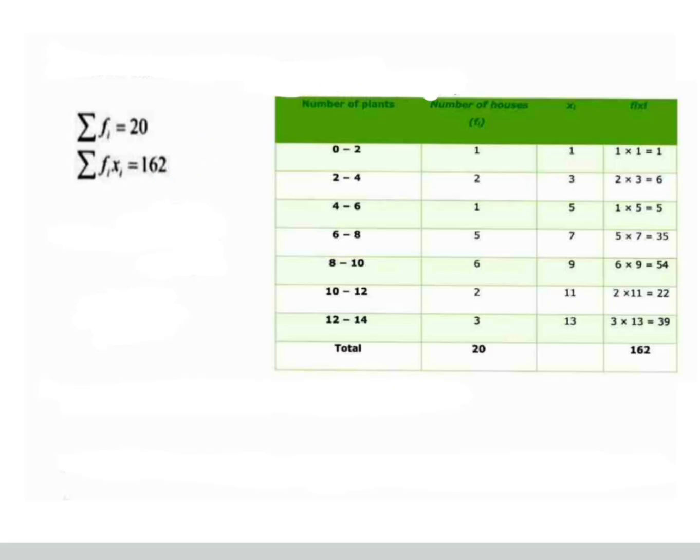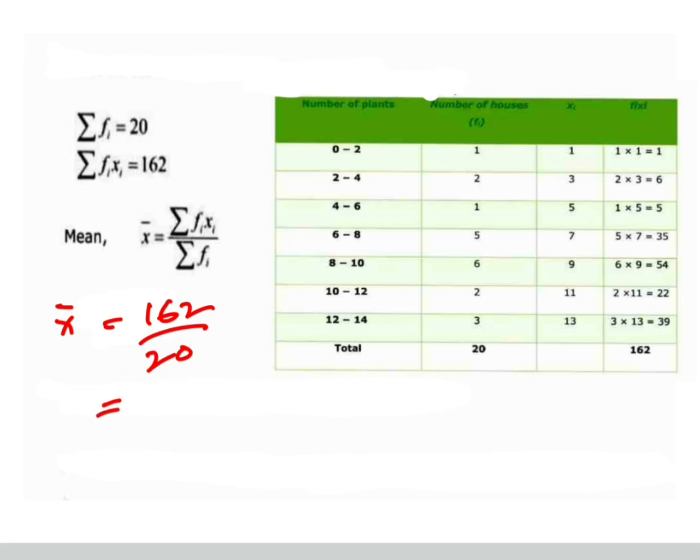Then the mean formula is x bar equal to sigma fi xi by sigma fi, that is 162 by 20, which equals 8.1.